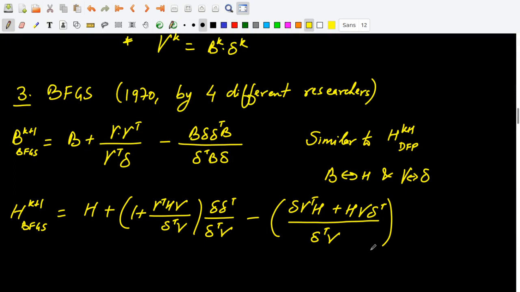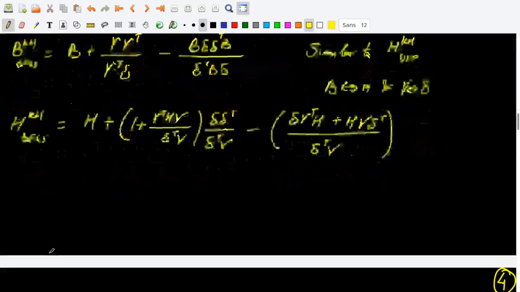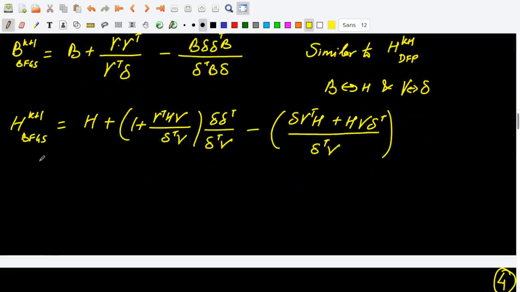So again, you can verify just by plugging in the values of H and gamma and so on and so forth, that number one, the most important property, the quasi-Newton condition, holds.